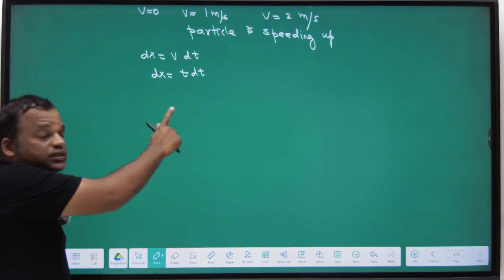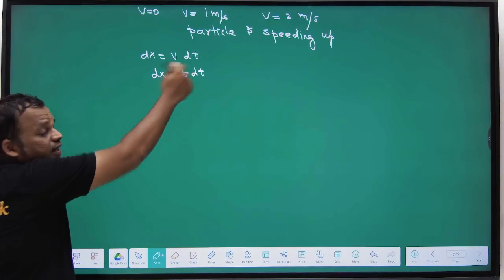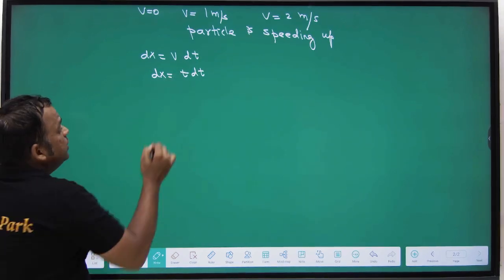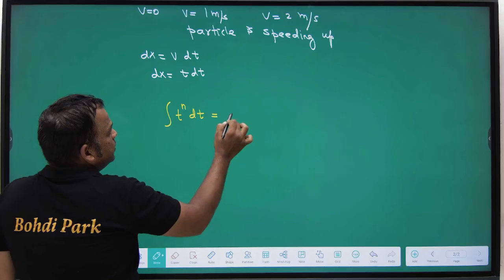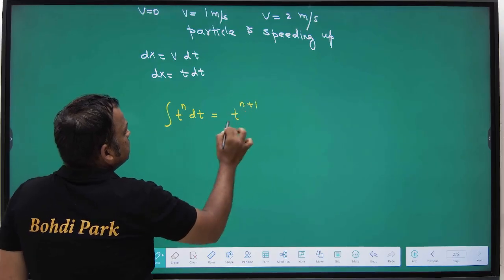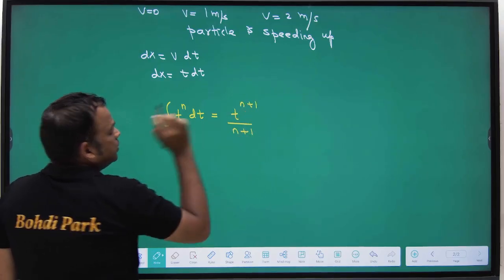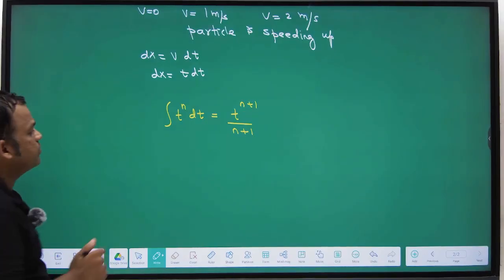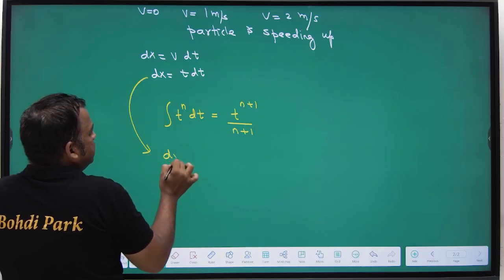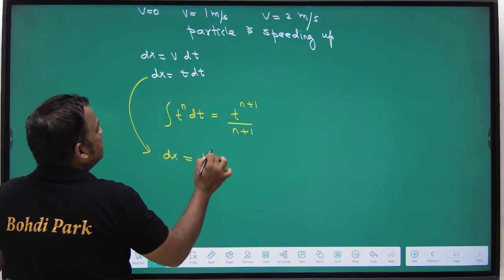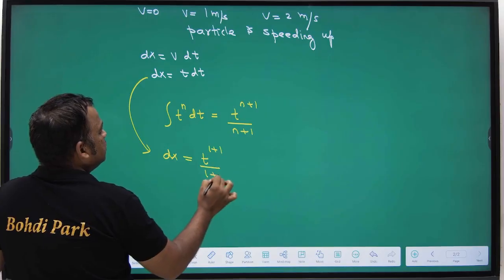So for this type of expression t dt, we have a formula. Integration of t power n dt is equal to t raised to n plus 1 by n plus 1. So for this we will write dx is equal to t raised to 1 plus 1 by 1 plus 1.